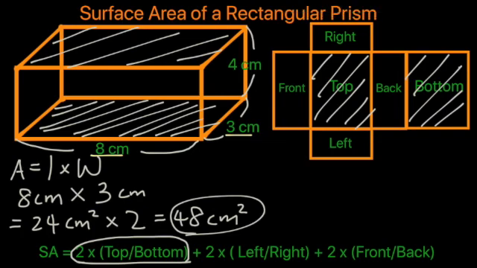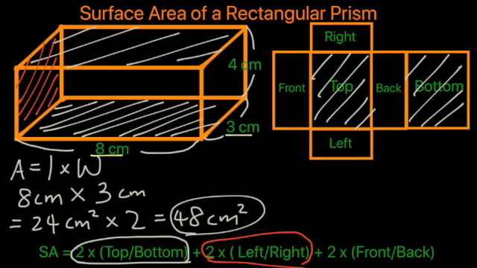Now the second part, we're going to find the left or the right, and then multiply that by 2. With the same formula, the left or right would be right here. And again, we're taking length times width.